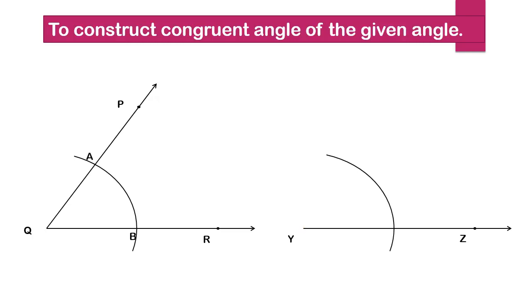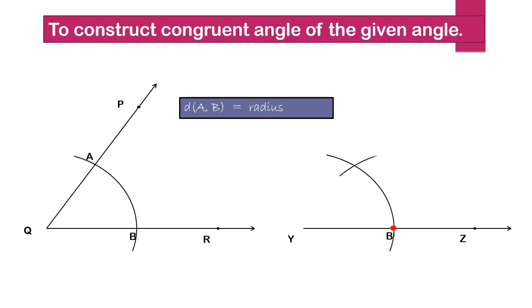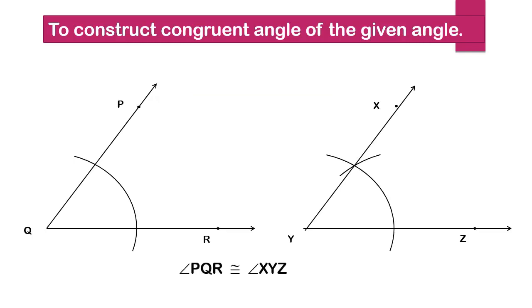Now from these two points A and B on the sides QP and QR, we consider this point as B1. So the distance AB will be our radius. So from B to A, we take this distance, and from this B1, we make an arc. The intersection point is known as A1, and here we draw a ray passing through this, and thus we can construct the given congruent angle.